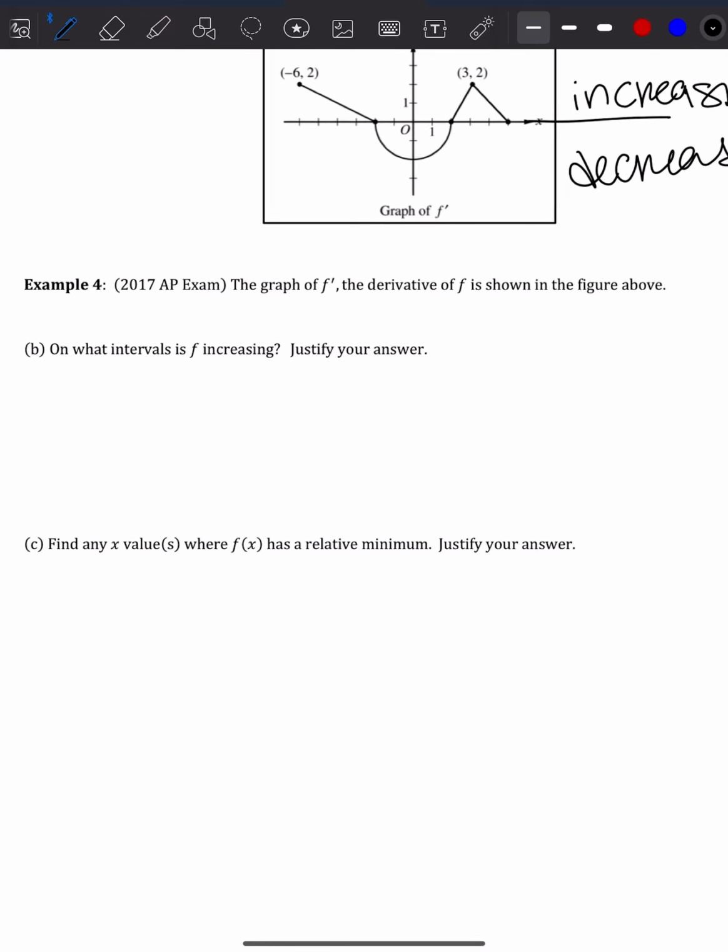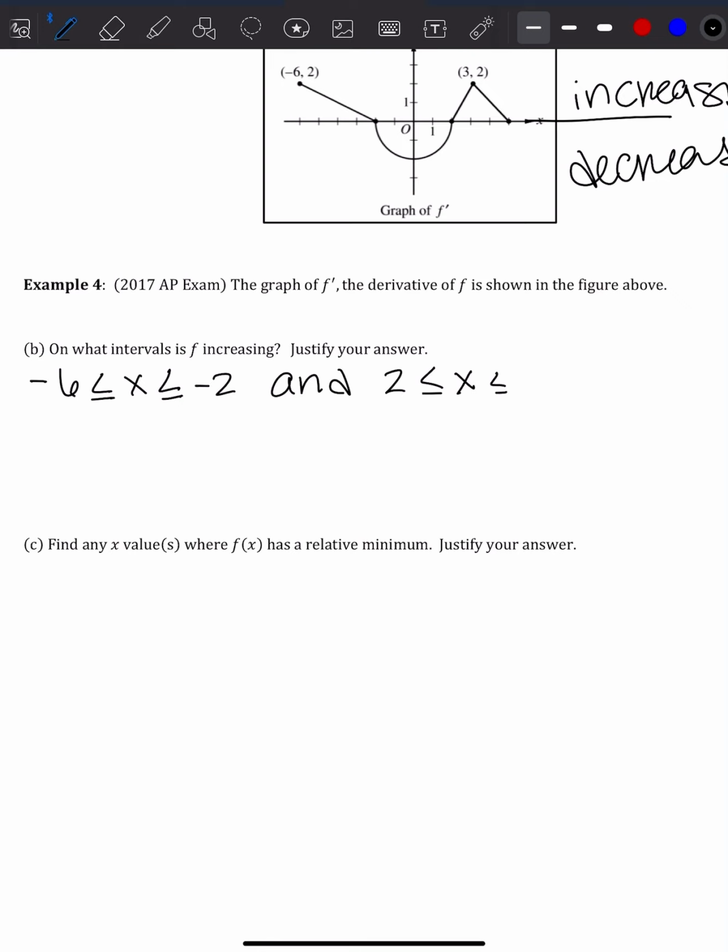So we are increasing from negative 6 to negative 2. And we are increasing on 2 to 5.